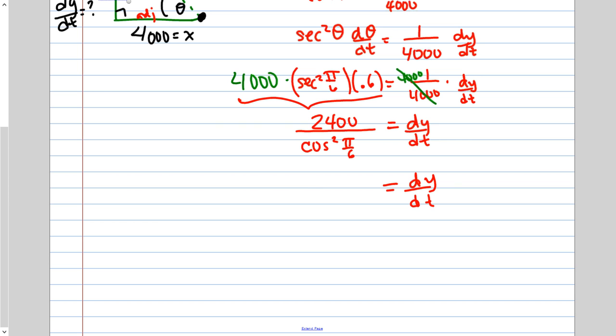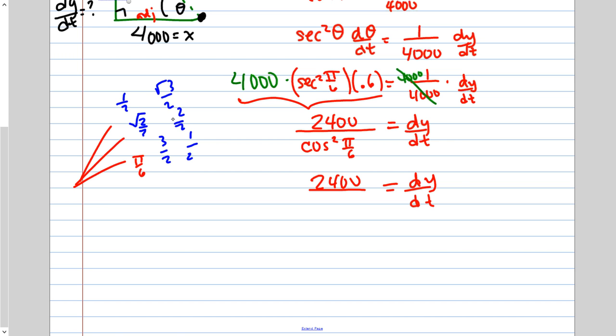Alright, so 2,400. Now, what is cosine squared of pi over 6? Pi over 6 is right here. Pi over 6 is 30 degrees. And at 30 degrees, we go 1, 2, 3, 1, 2, 3, and they're all being divided by 2, right? And all the top numbers are square rooted.